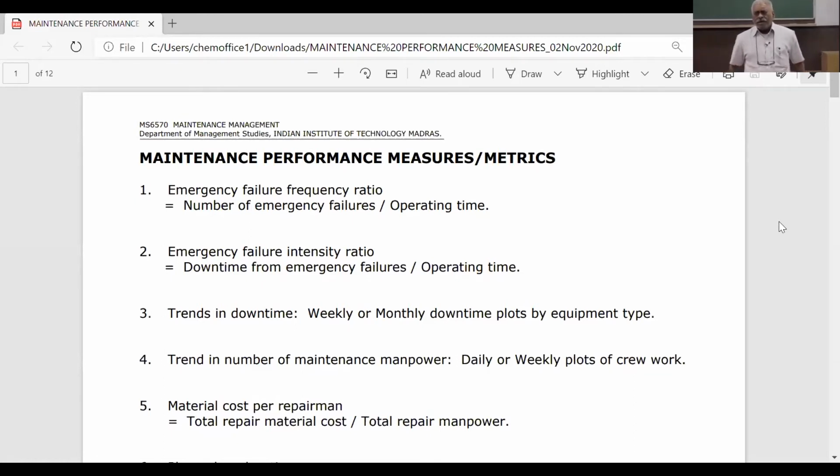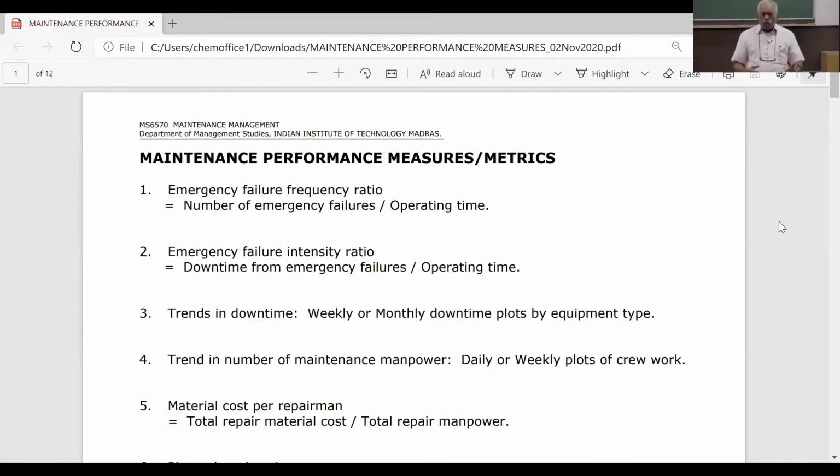So whatever maintenance performance measures or metrics that we are going to discuss are in the context of some period of time. It may be a week, it may be a month, it may be a quarter, 3 months, or it may be a half year, or it could be annual also. We are going to examine these measures over some period, and I'm sure all of you appreciate why we are looking at a period, because it gives you a reference for comparisons across periods.